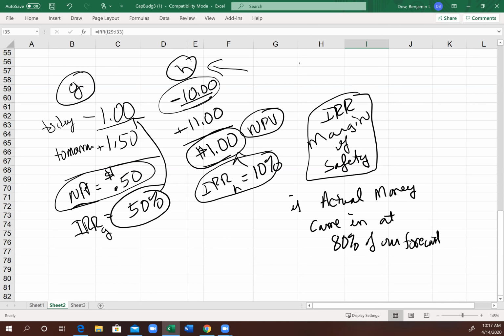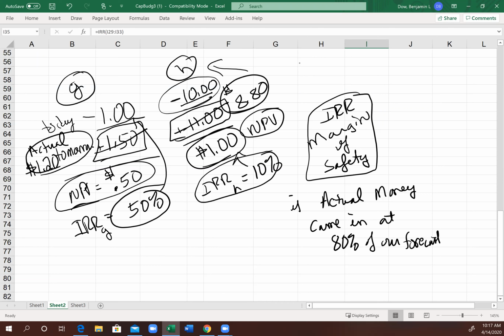So remember, we were making this decision based on what we expected to get back. What if we actually get back 80% of that? So 80% of $1.50 means we actually get back $1.20. 80% of this is $8.80.